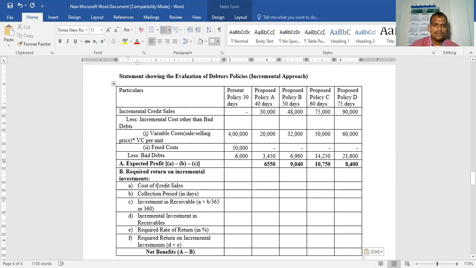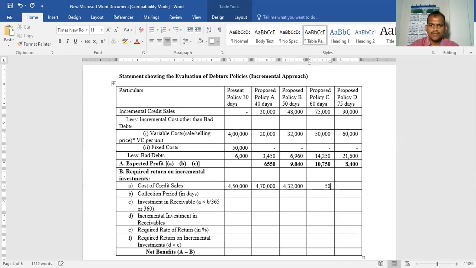So cost of credit sales: 4,50,000 for the present policy, and for proposal A, 4,70,000. And for proposal B, 4,82,000.